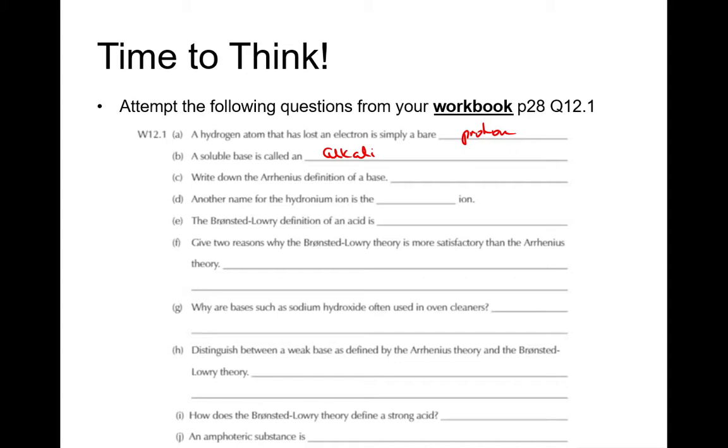Another name for the hydronium ion is the hydrogen ion. Hydrogen, because if you remember, we had H3O plus, and H3O plus is nothing more than H2O, which is neutral, carrying on its back a H plus.